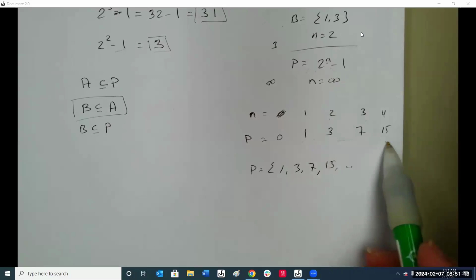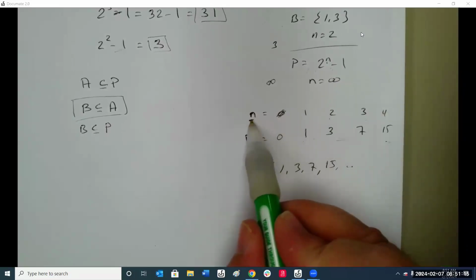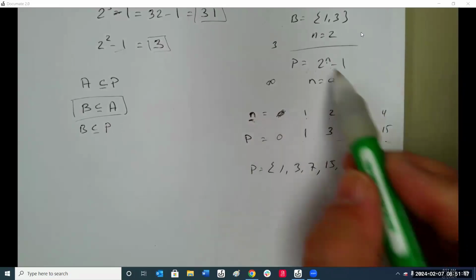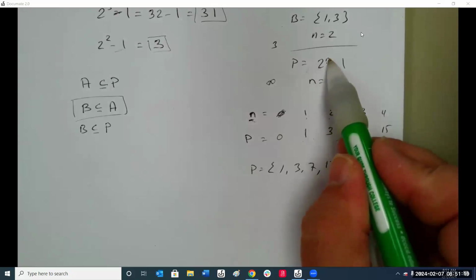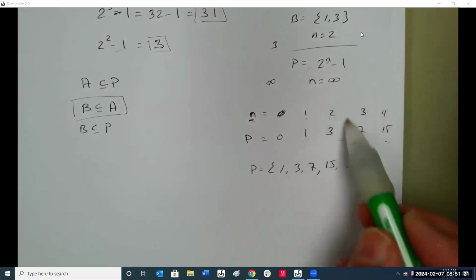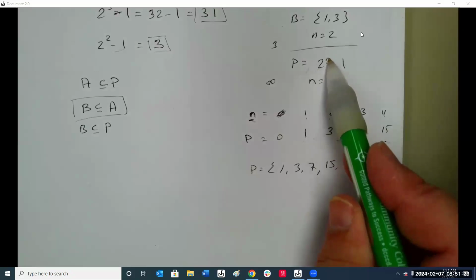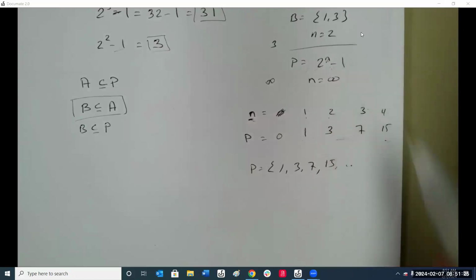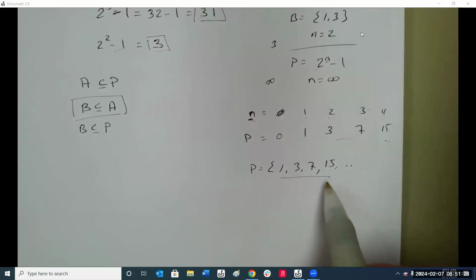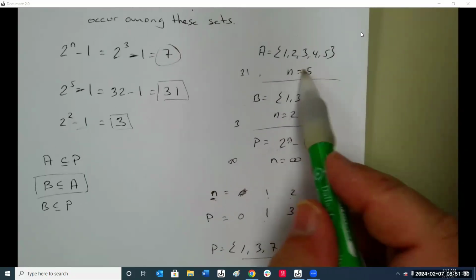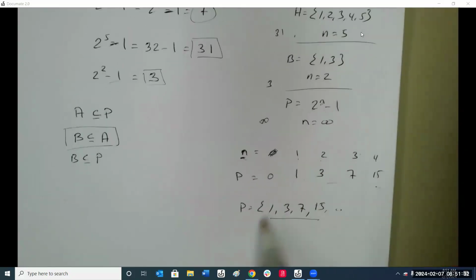You see where I get these numbers from? This is my counter. This is my n. When n is 1, I plug it in there. 2 to the power 1 is 2, minus 1, is 1. 2 to the power 2 is 4, minus 1. 2 to the power 3. So look at the numbers here. Are these elements of these?